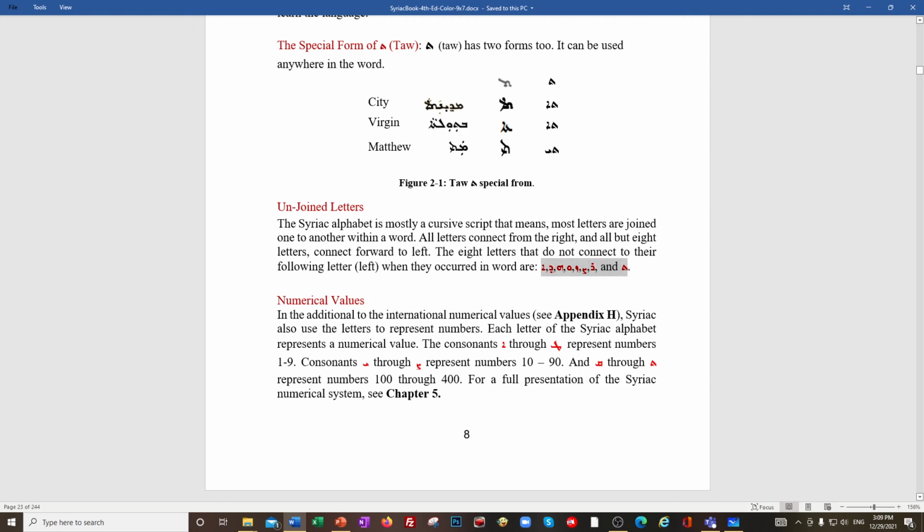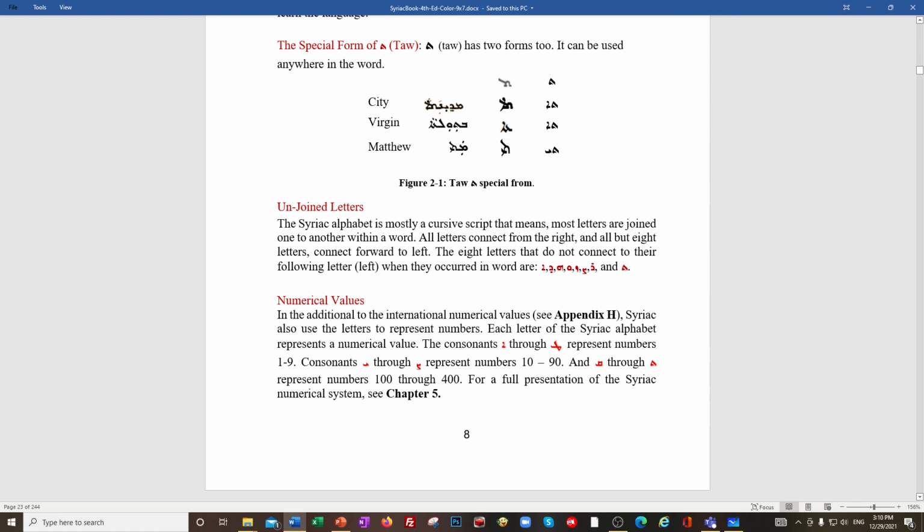These letters, from left to right here, are: Alep, Daleth, He, Waw, Zain, Sade, Resh, and Tau.